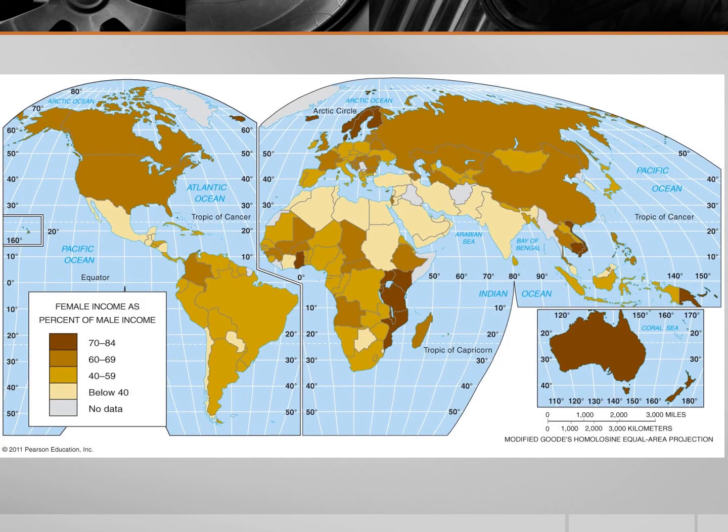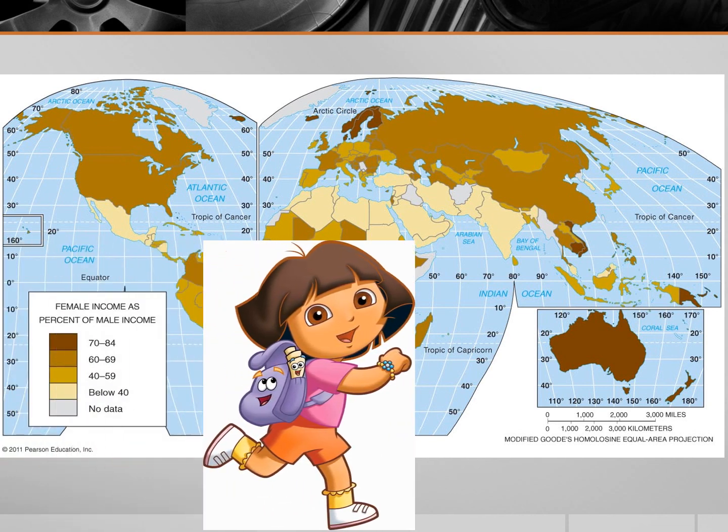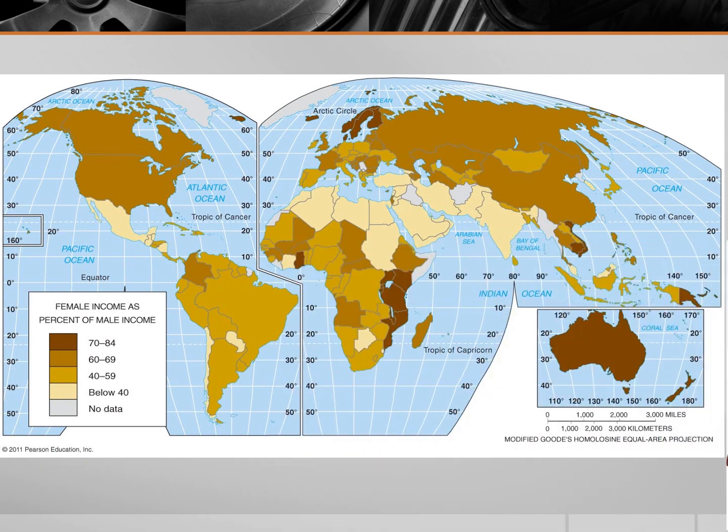To look at another characteristic of gender development, it is important to notice that there are differences between male and female income throughout the world. This map looks at female income as a percent of male income. Is this a good indicator of development? Generally speaking, we can see a divide between more developed countries and less developed countries.